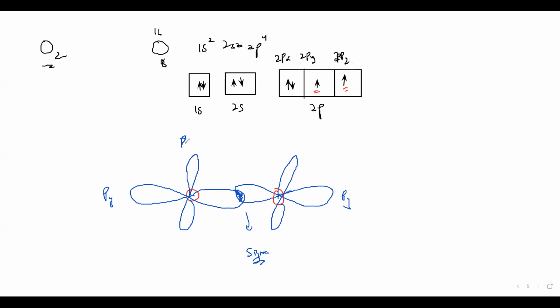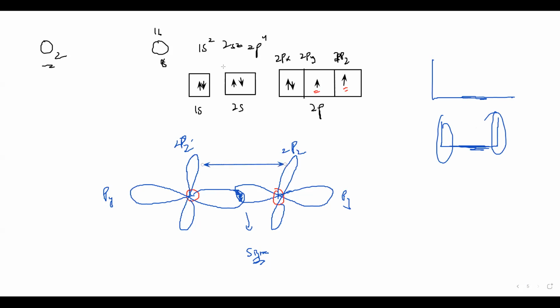But for pz, because the y and z axes are always at 90 degrees, if py combined, pz cannot combine, because they are always 90 degrees. It is like an L: if I combine the two bases of the L, then the perpendicular parts won't combine. Same thing happens here: the Pz of one oxygen cannot combine with the Pz of another, but there is attraction, and due to this attraction there is no full overlapping, or we can say partial overlapping, but there's an attraction.